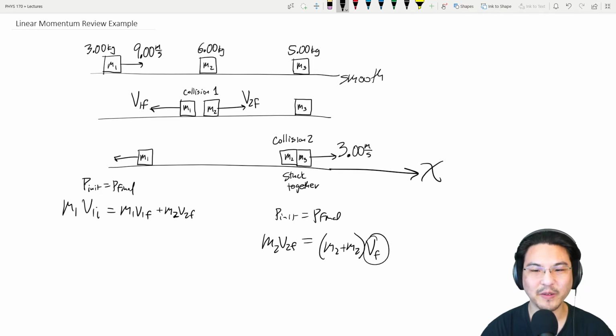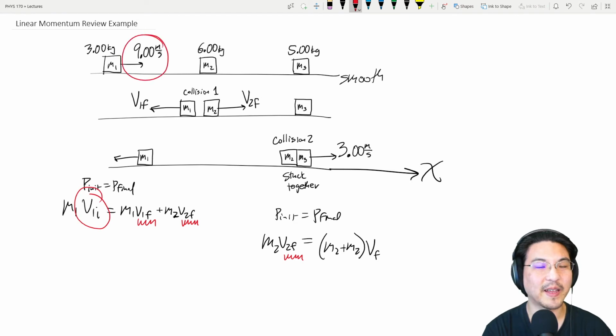So we know this value, we know the masses, so the only unknown is this. Now let's go to this equation. We don't know this or this. V1 initial is 9 if this way is positive. So we have 2 equations, 2 unknowns.